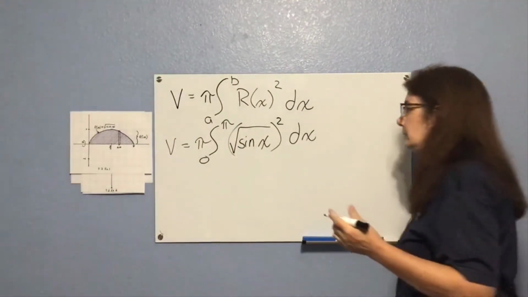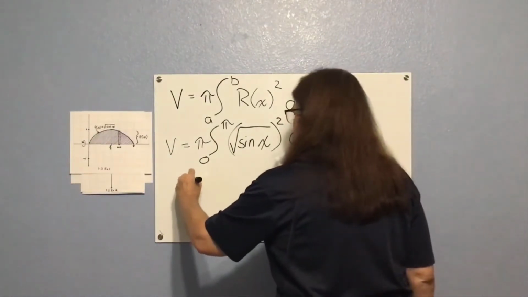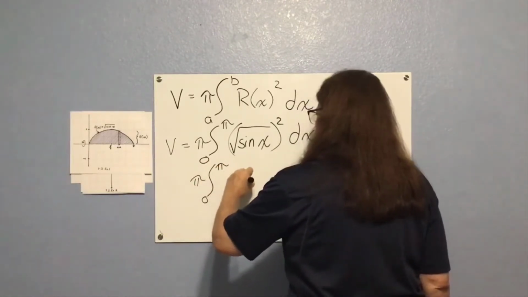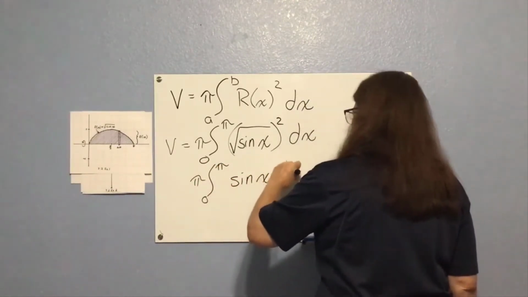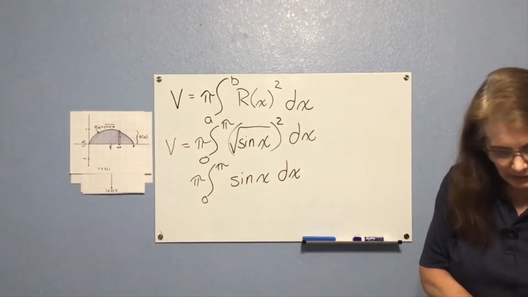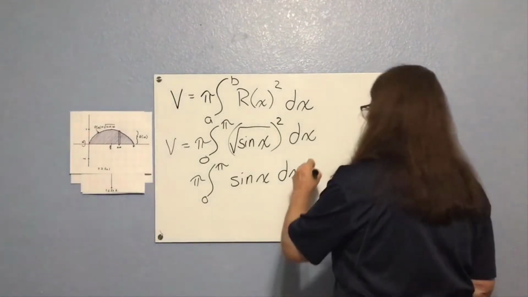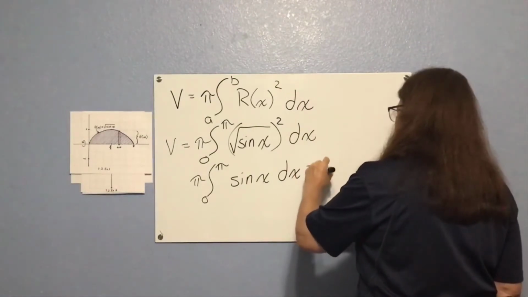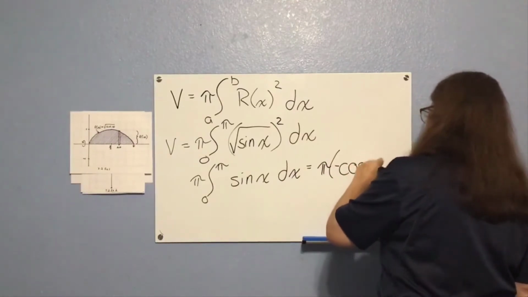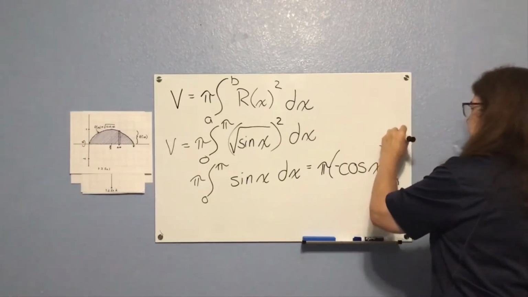What's the square root of sine of x squared? It's just going to be sine of x dx. And then the integral for sine of x is negative cosine x. So I've got pi times negative cosine x evaluated from 0 to pi.